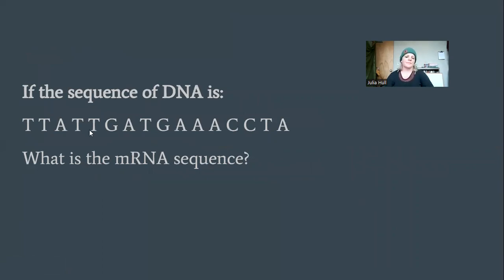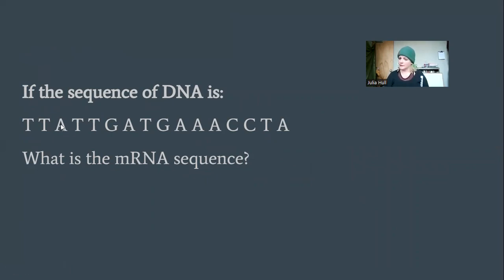Okay. So make sure that if I gave you this sequence of DNA, you could tell me the mRNA sequence. And the tricky part is that T's always match with A's.